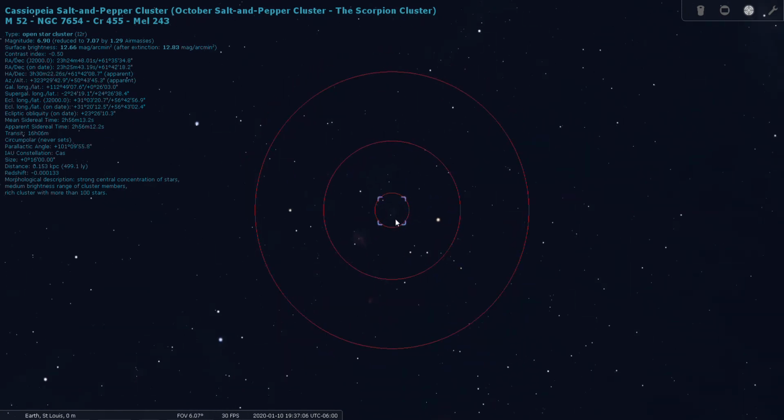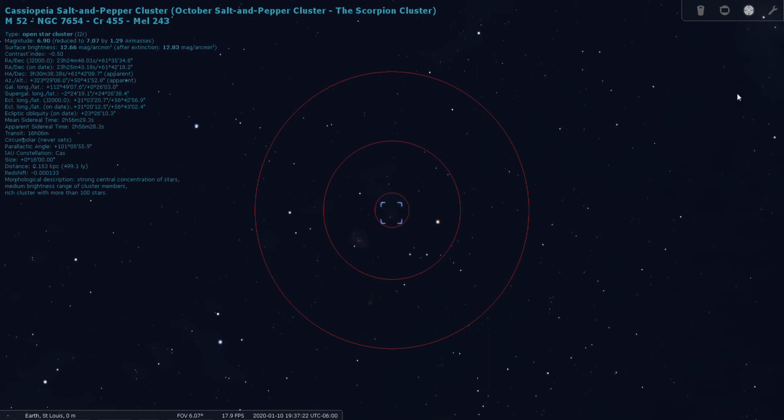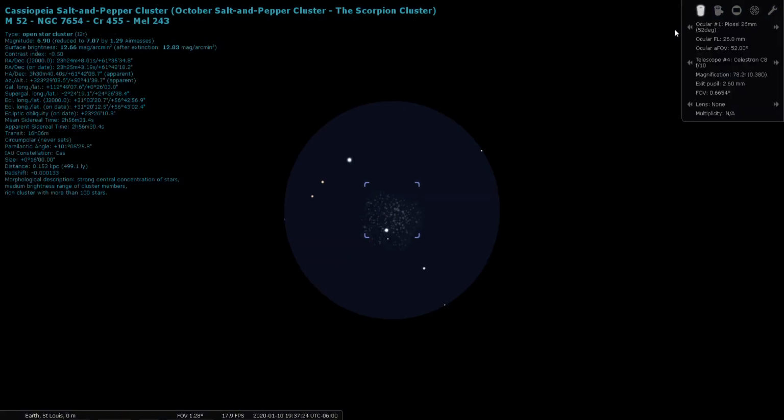And through the finder scope here, M52 appears as a really faint smudge with this really nice red star just over here to the right. That star will be on the other side in the summer months when Cassiopeia is lower in the sky. Well, let's have a look at it through the eyepiece.